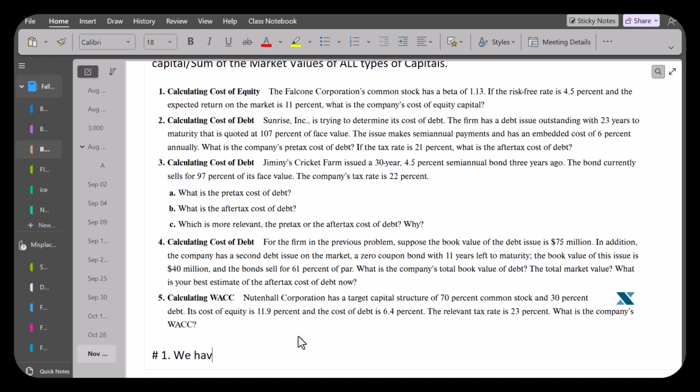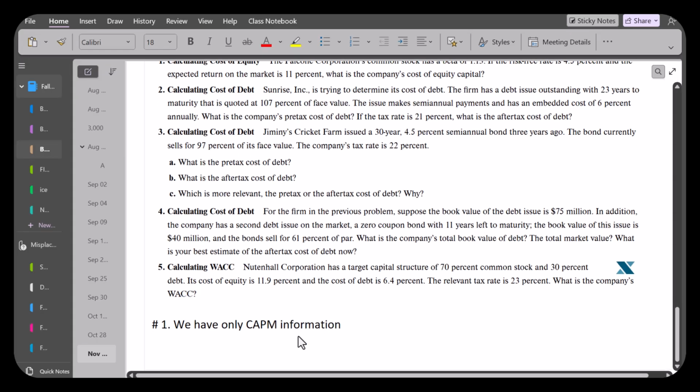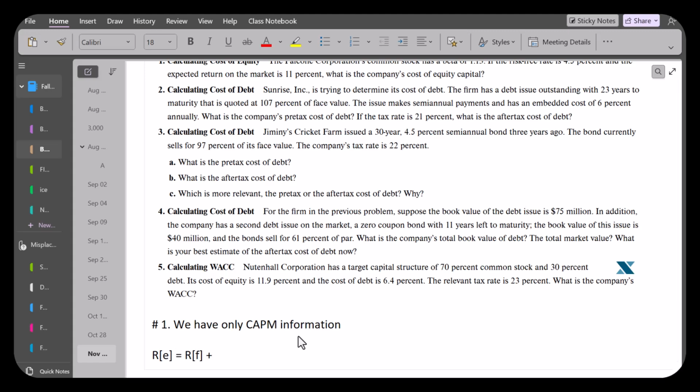Hence, RE, and MRP is return on the market minus risk-free rate. Okay.